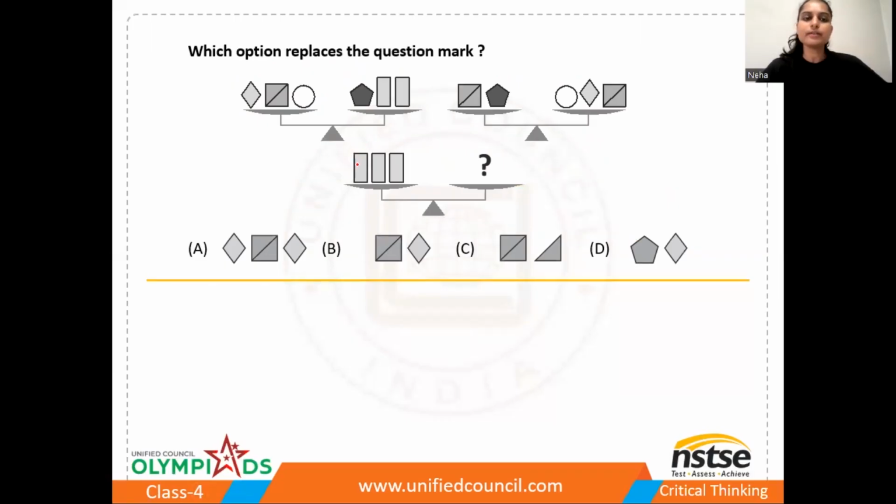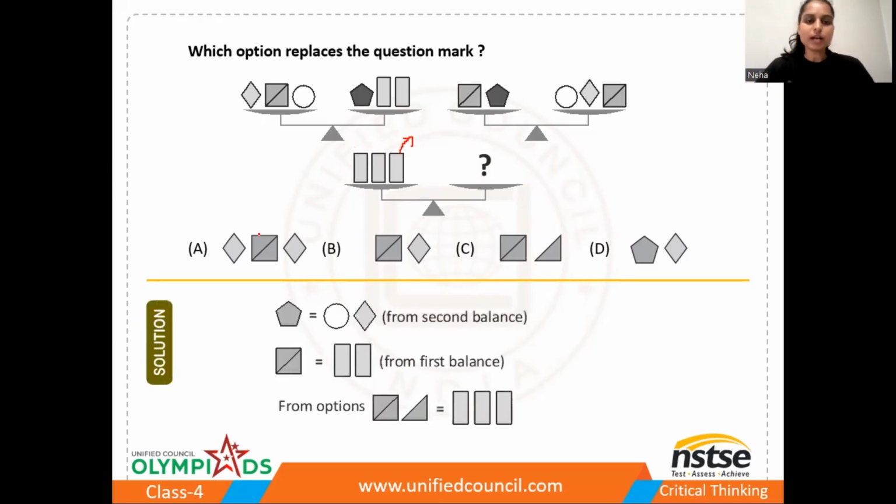So what we have to do here is find the mass of these three figures, the same figure. If I can find out the mass of only one figure, then I can make it triple. Let me show you the correct diagram for this. From this diagram, I can see that this and this is equal in both the cases. That means this pentagon type shape is equal to these two.